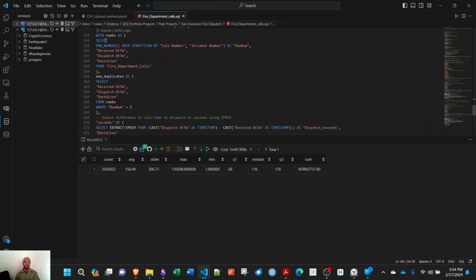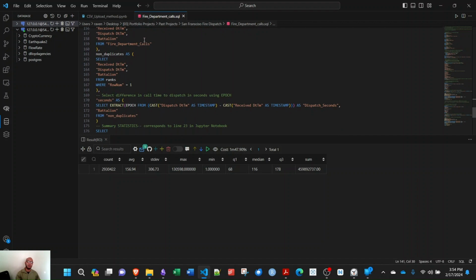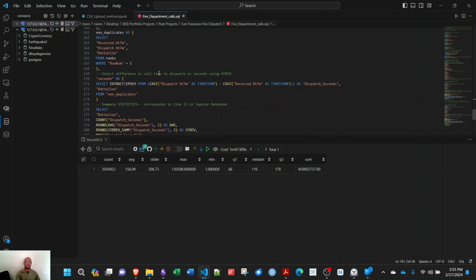So here I've got the rank CTE again. I'm using row number to partition. I keep in my timestamps that I want, and battalion from the original table fire department calls. I've got my non-duplicate CTE here as selecting both the timestamps and now battalion as well, where row number equals 1, hence non-duplicates.